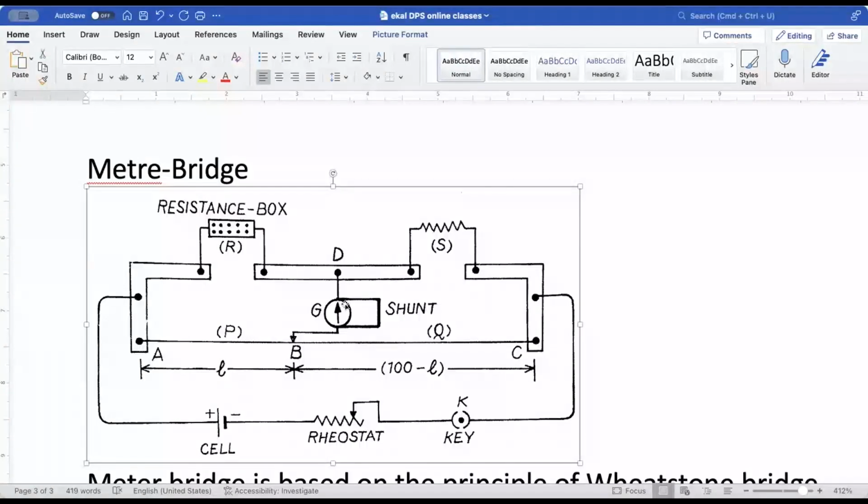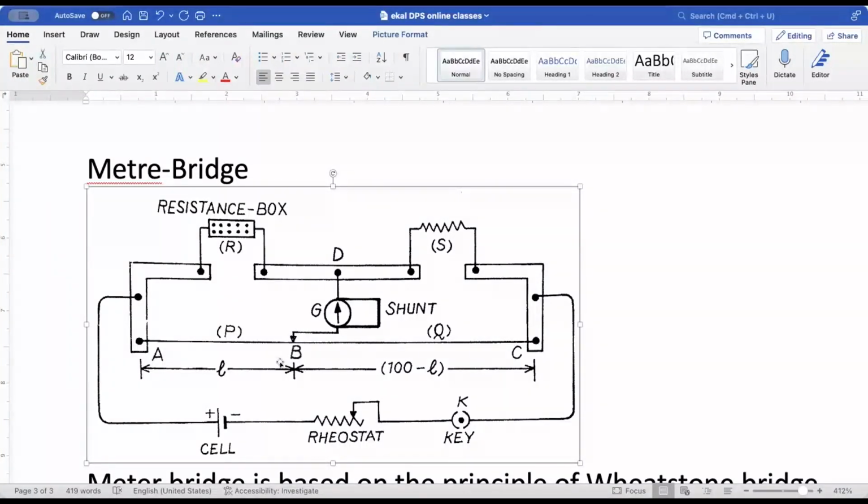In this position, point B and point D are at the same potential. No current flows through the galvanometer G, so there is no deflection.